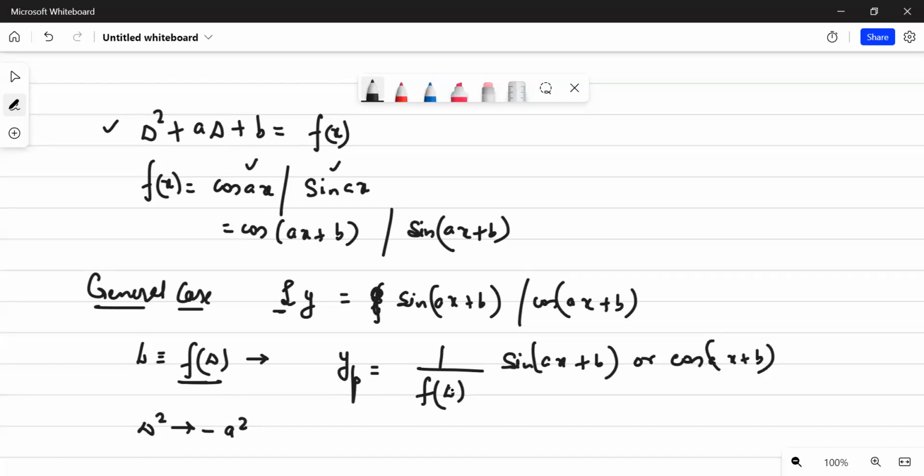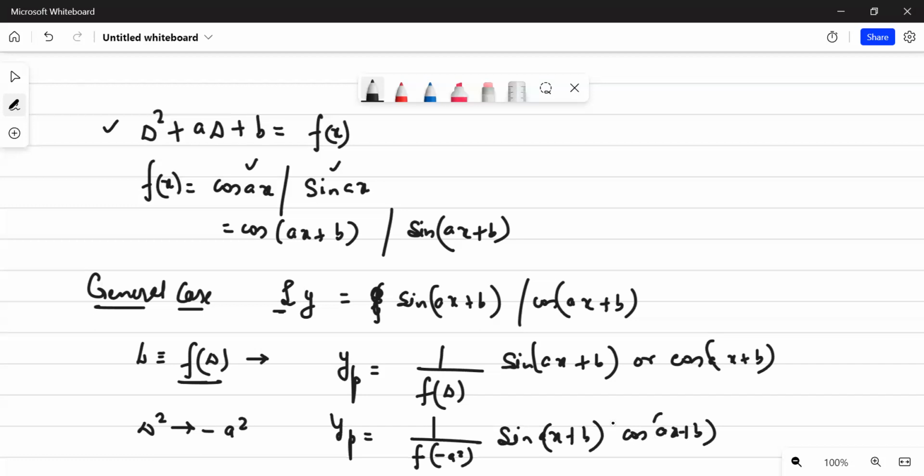Wherever there is D square, write it as minus a square. And if D is there, you have to somehow convert everything into the form of D square, multiplying and dividing as needed. So your particular integral will become 1 upon f of minus a square, times sin(ax + b) or cos(ax + b).